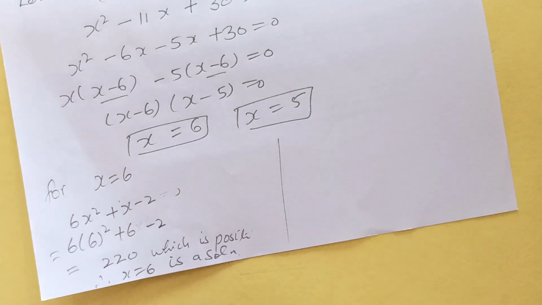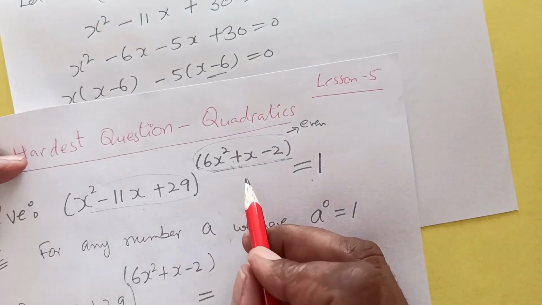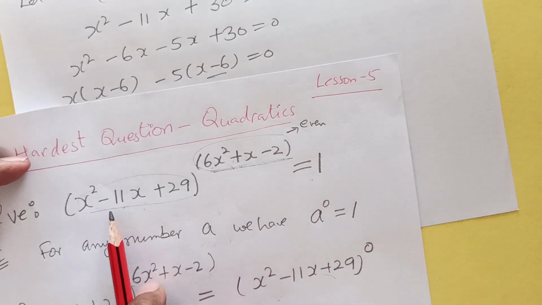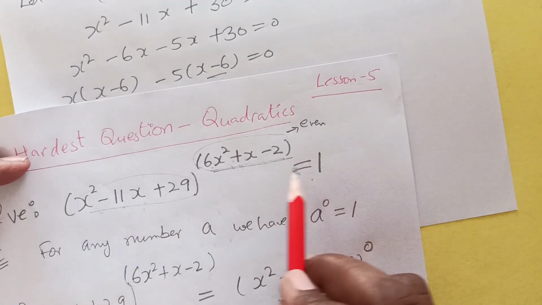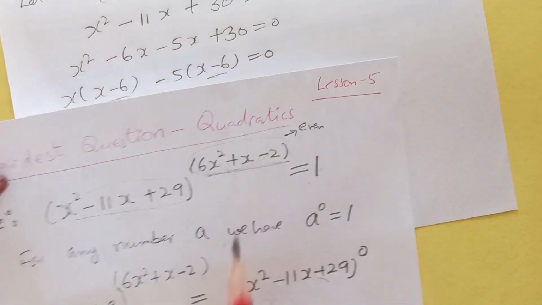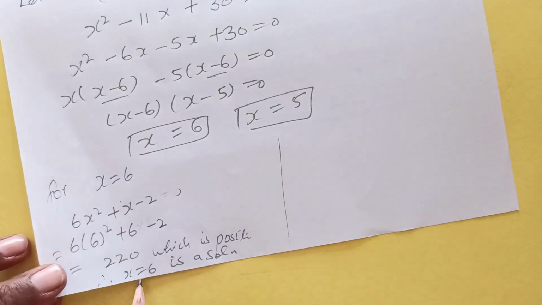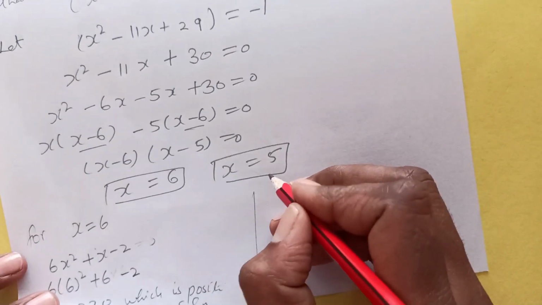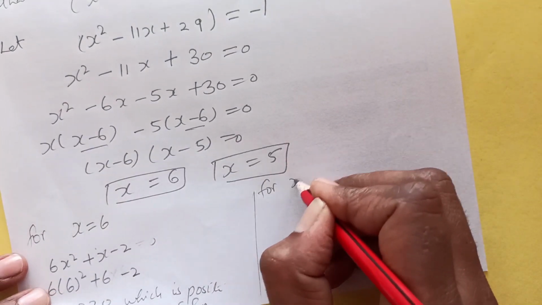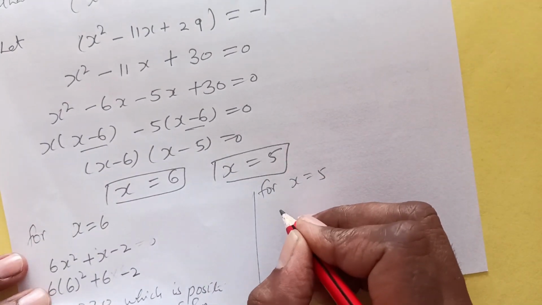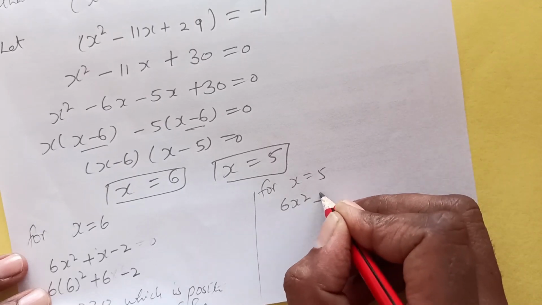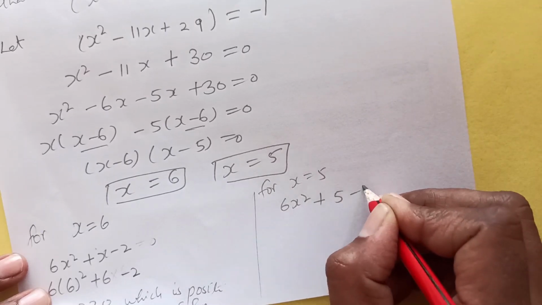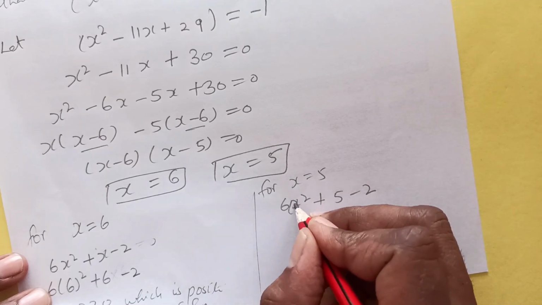So what do you mean by this? Now we are looking for this value. If this is negative, what will happen? Then this is going to be a positive value. So that means x equals to 6, we can consider it as a solution. Now for x equals to 5, so 6x squared plus 5 minus 2, that means 5 squared.